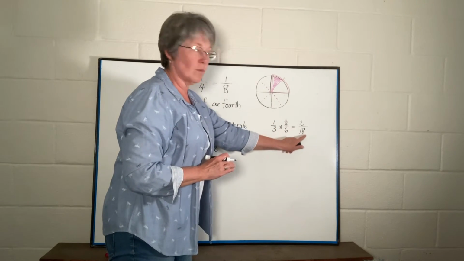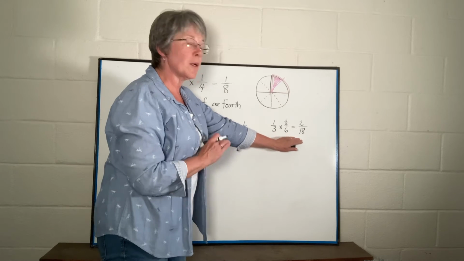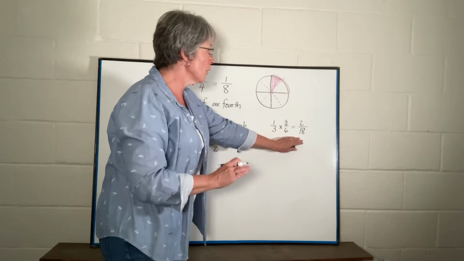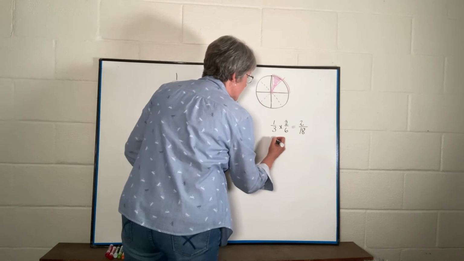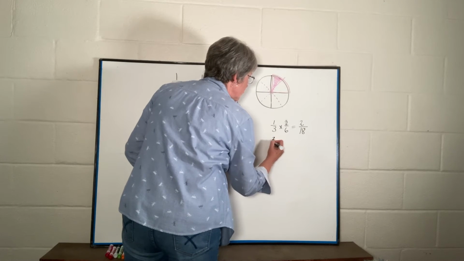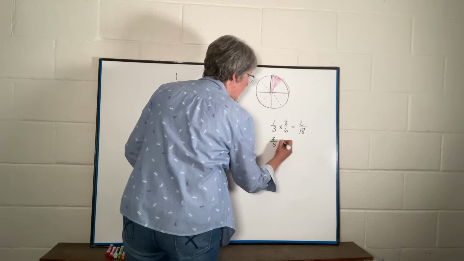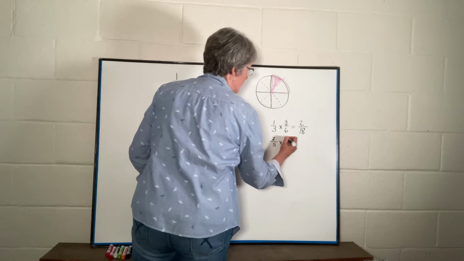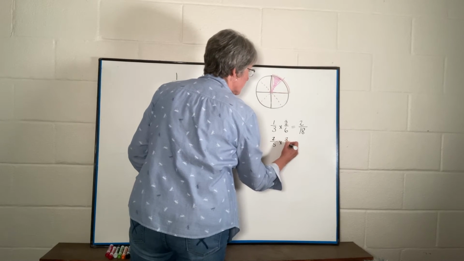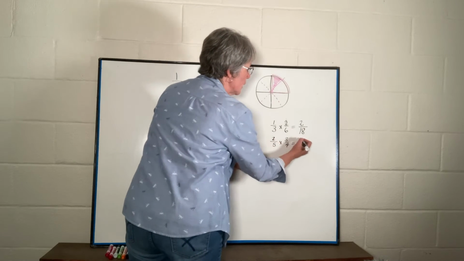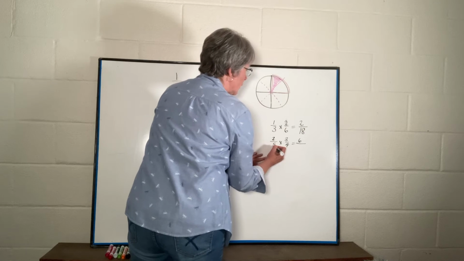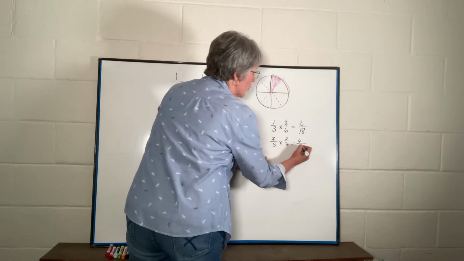This is the answer. There's another one that's an equivalent answer, but don't worry about that if your student isn't doing that yet. Another one, let's see here. Let's do 2/5 times 3/4. Numerators first. 2 times 3 is 6. Now the denominator is 5 times 4 is 20.